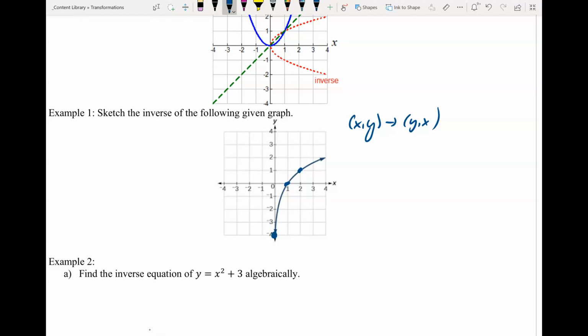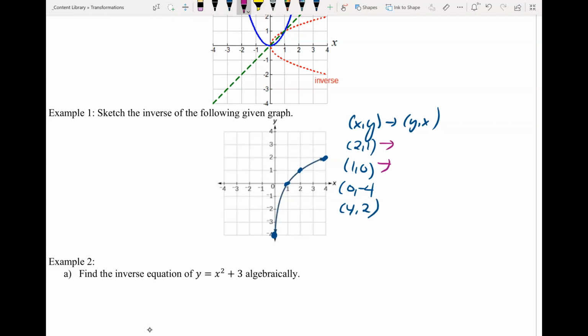So I'm going to use those 3 points, 2, 1, 1, 0, and 0, negative 4. We can also maybe just use one more. Here, that's 4, 2.